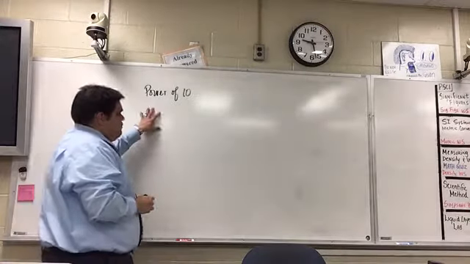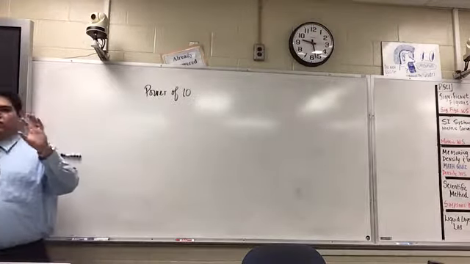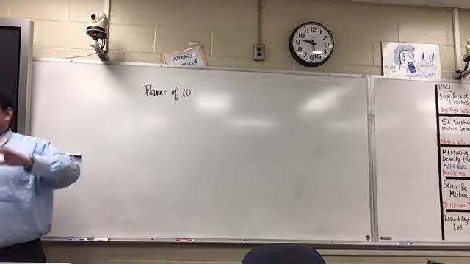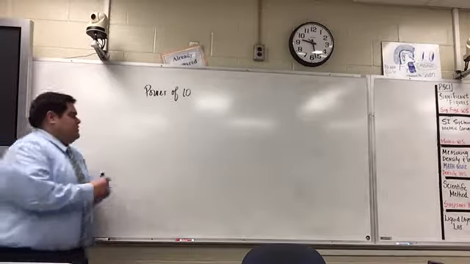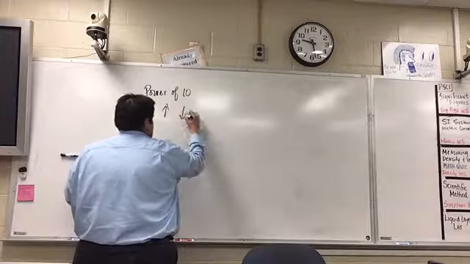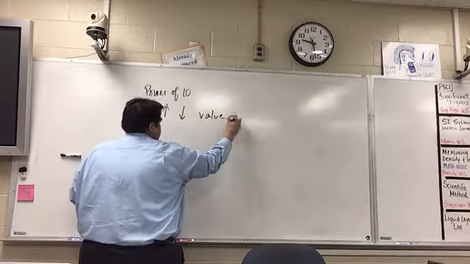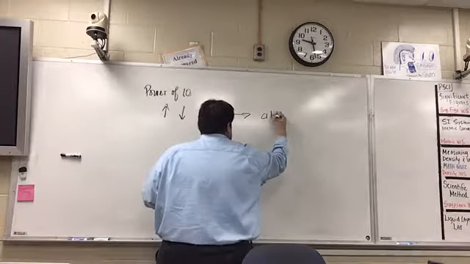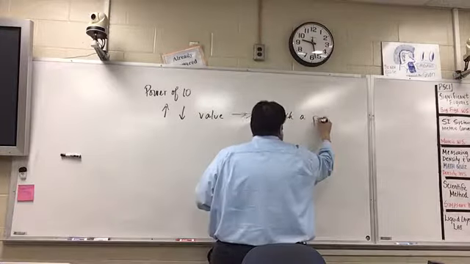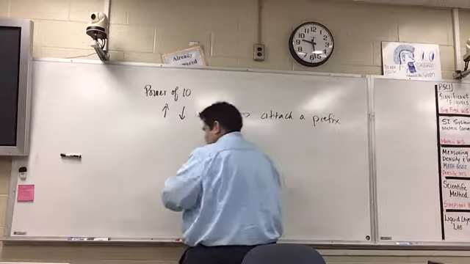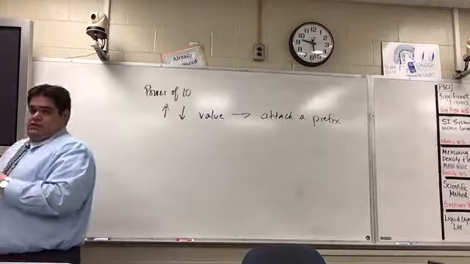So when we do the power of 10, we got to know, well, how do I increase? How do I decrease? And so in the SI system, if you want to increase or decrease value, all you got to do is attach a prefix. Okay? All you got to do is attach a prefix.